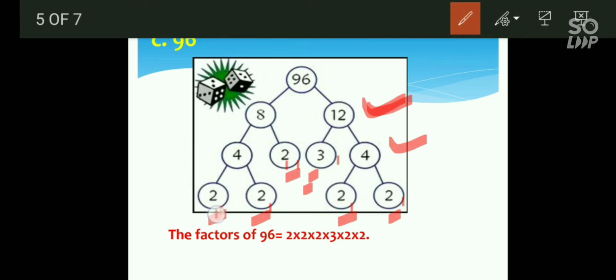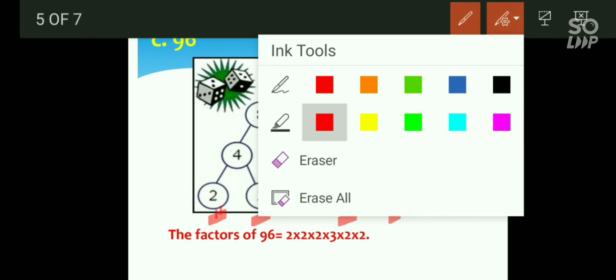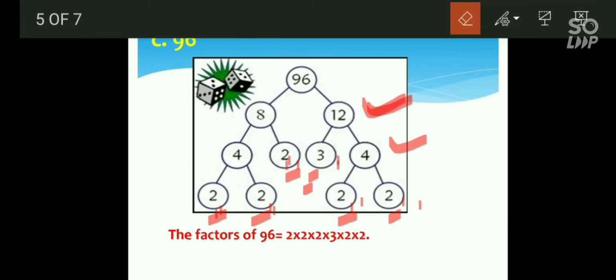We have to multiply all these numbers, and the multiplication should be 96. Two things we have to keep in mind: all the factors should be prime, and the multiplication should be 96. Hope you got it, children.